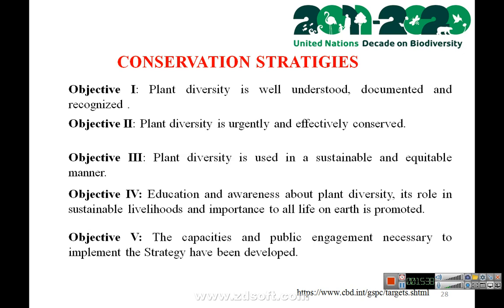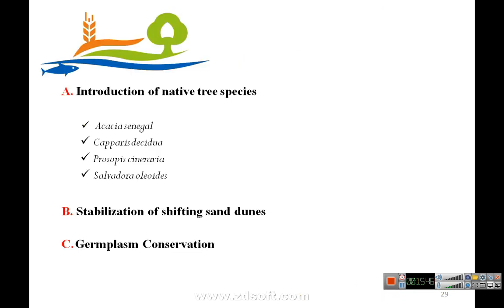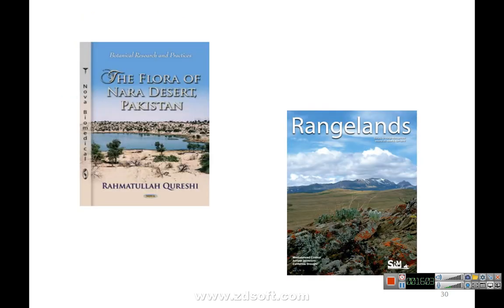Objective number 5, the capacities and public engagement necessary to implement the strategy have been developed. Introduction of native tree species: Acacia senegal, Capparis decidua, Prosopis cineraria, Salvadora oleoides. Stabilization of shifting sand dunes, germplasm conservation.